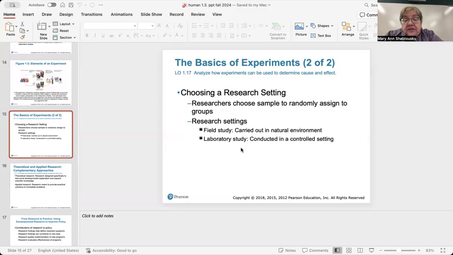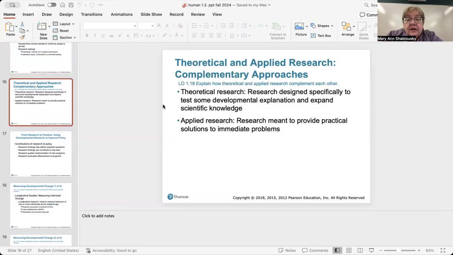So the difference between a field study and a laboratory study: field study would be natural environment. Laboratory study, nice controlled setting. That's where you're going to see most people do that. It's much cheaper, much more time efficient, and less likely to have any outside distractions that could disrupt your experiment. When we talk about theoretical approach or applied approach, theoretical approach is basically testing some possible explanation for something.